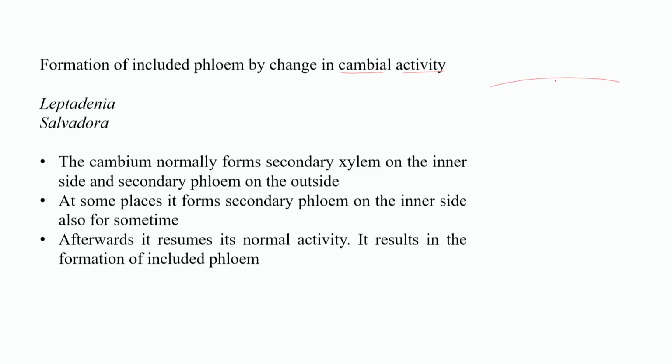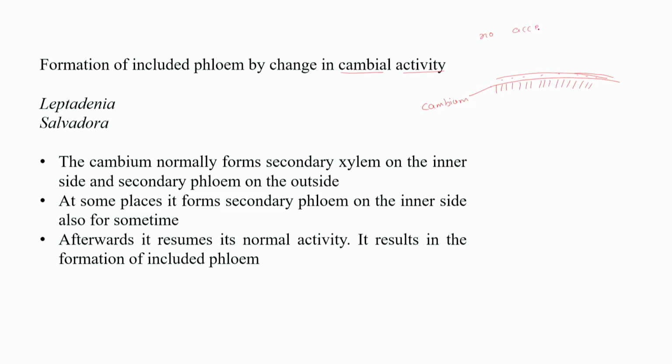Suppose this is the cambia, and it is normally cutting out xylem. Now here you can see that there is no accessory cambium formation. In this case we are talking about the normal cambium. So just remember that now there is no accessory cambium.